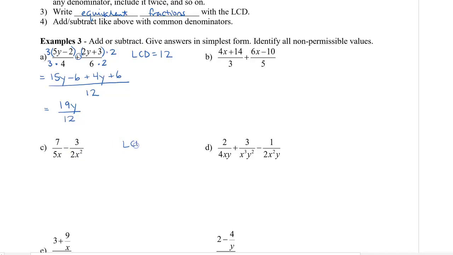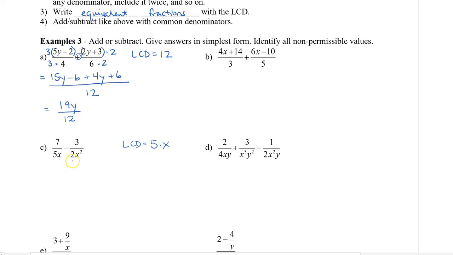So my lowest common denominator, when you're looking for these, we do want to factor first, but here it's actually already factored because they are monomials, so it's a little bit simple. We don't have to do the factoring. So we're going to list our common factors. If I take a look at the first fraction, I have a 5 and an x.